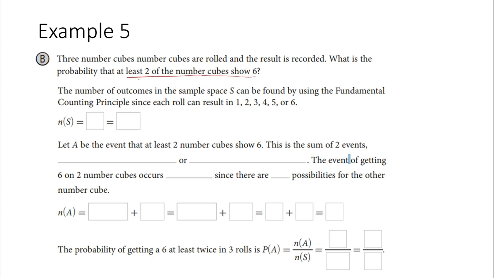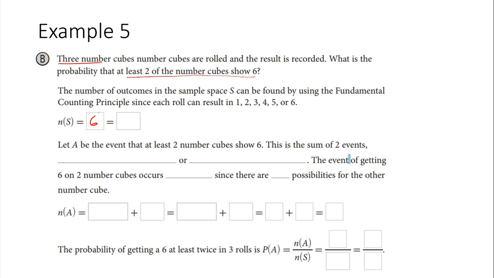So the number of outcomes in the sample space S can be found by using the fundamental counting principle, since each roll can result in a 1, 2, 3, 4, 5, 6. So there's a total of 6 different options, and we have 3 dice.